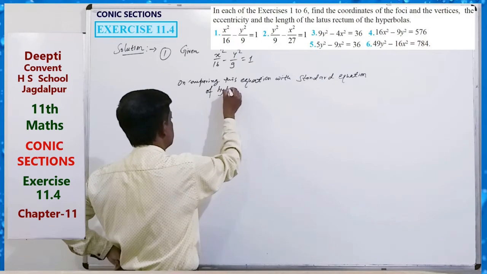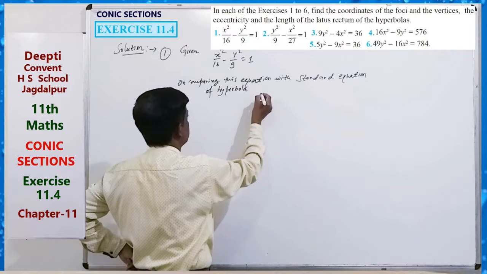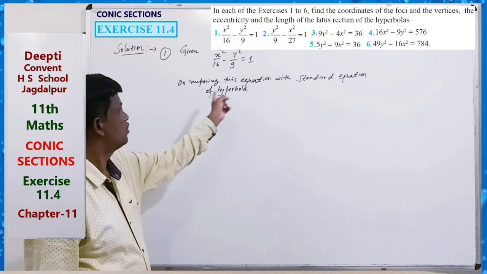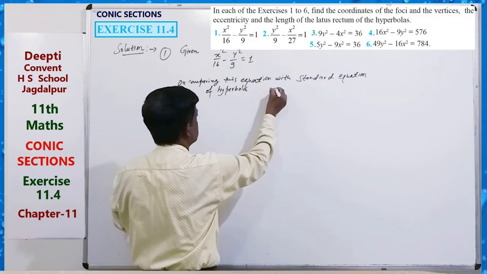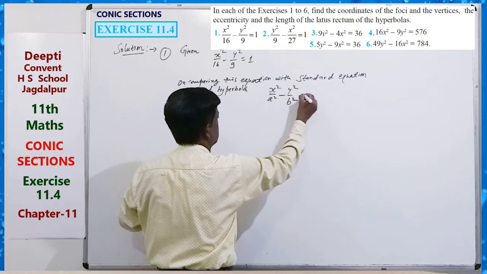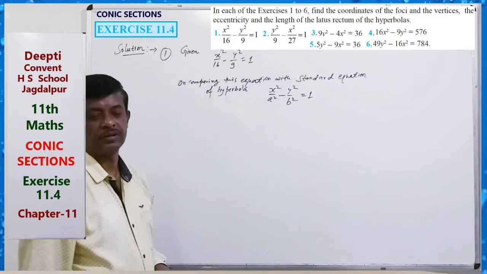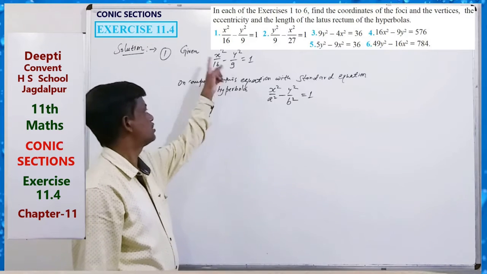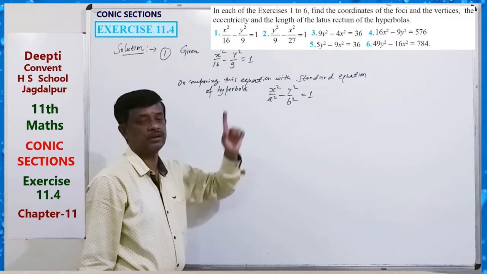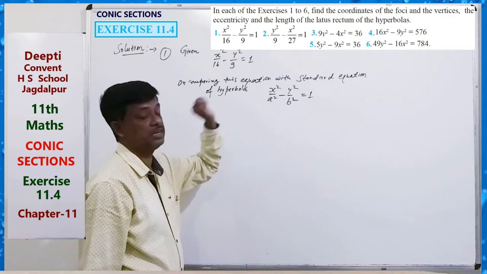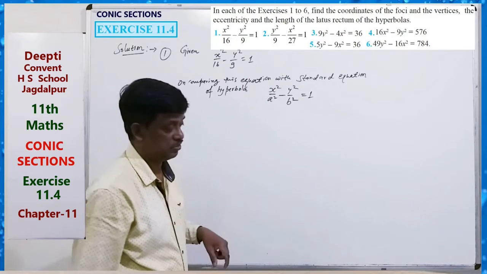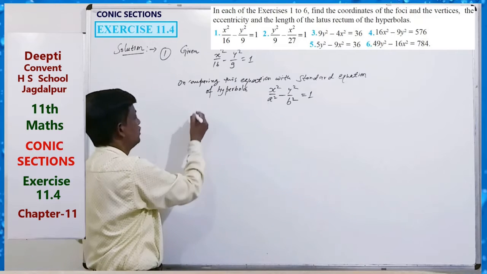On comparing this equation with the standard equation of hyperbola, what will the standard equation be? X square by a square minus y square by b square, because the minus sign is there. If y square by some quantity is at the beginning and there is a minus sign, with 1 on the right hand side, then the equation will be y square by a square minus x square by b square in the second format.